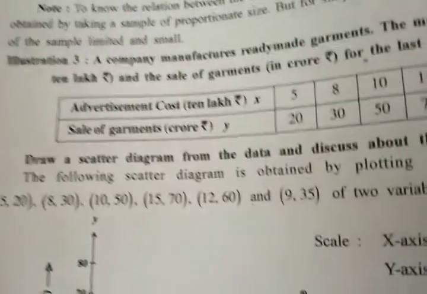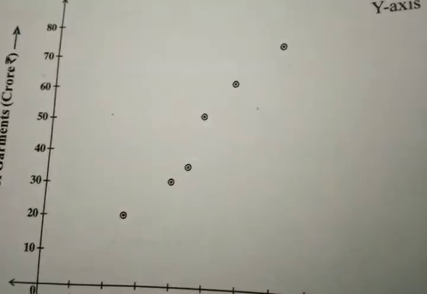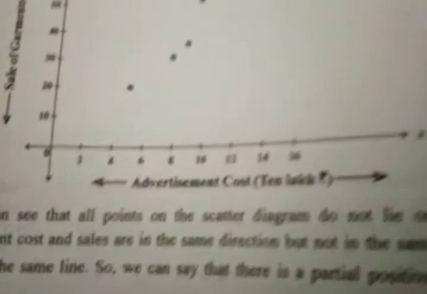Now when you plot this particular question again on the graph, illustration number 3, here again you get a line, not a straight line in fact. The points are slightly scattered around a straight line, and here again it is a case of partial positive correlation. Okay, that is it.